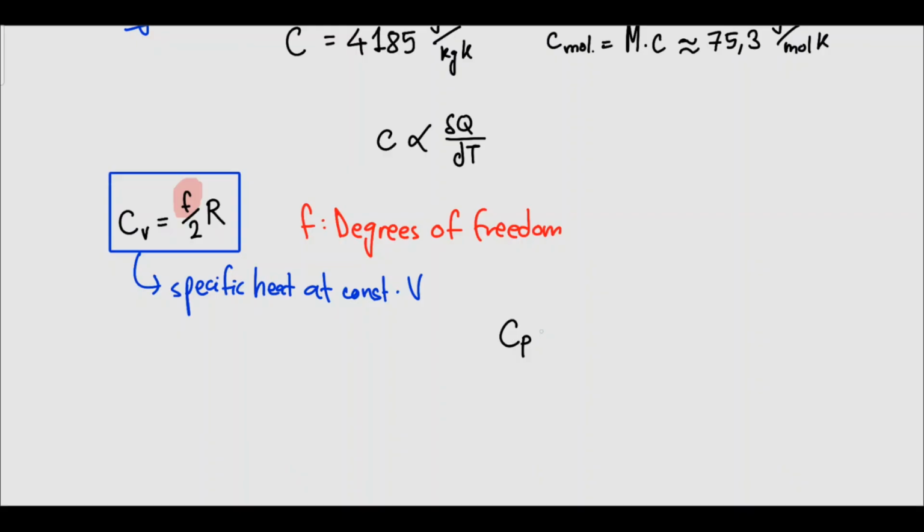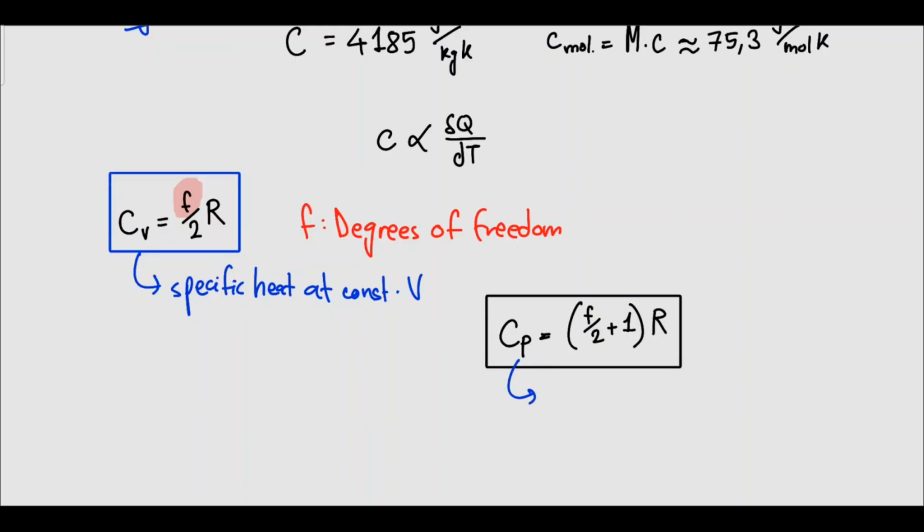And that is, as you probably back calculated from the last video, F divided by 2 plus 1 times the universal gas constant. And this is basically specific heat at constant pressure.